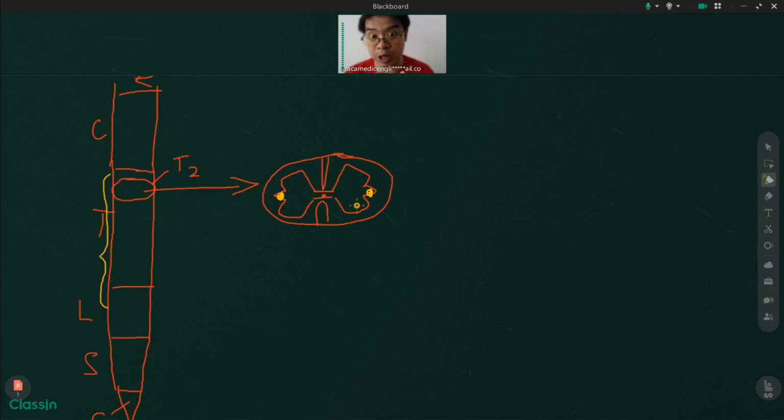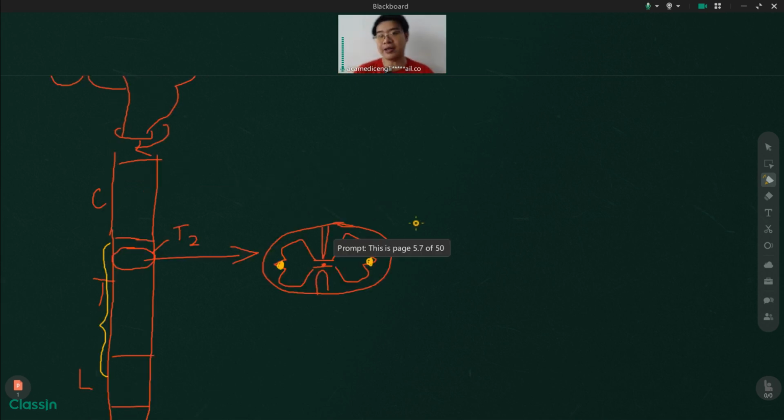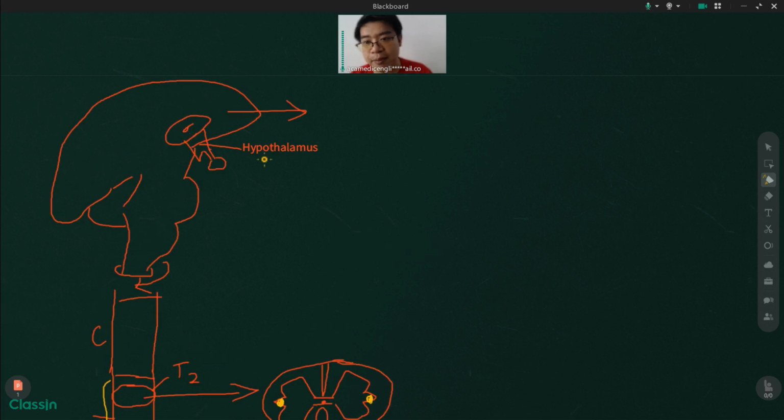But remember, the hypothalamus also sends down neurons to innervate and control the outflow of the sympathetic nervous system. So what would that look like? That would look like this. This is the hypothalamus, right? From the hypothalamus, neurons are going to be sent down.